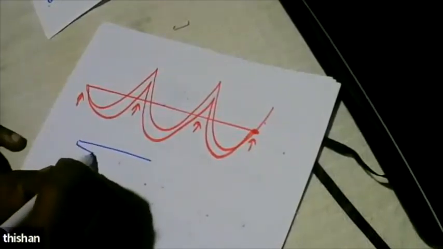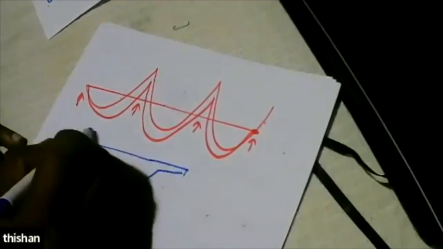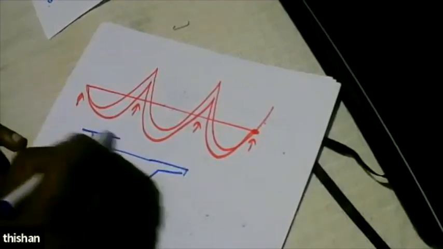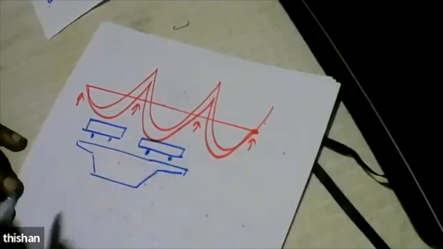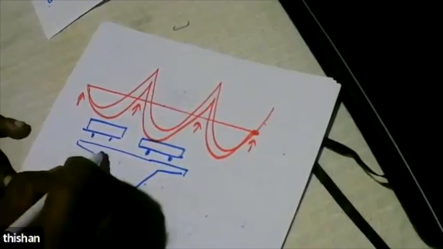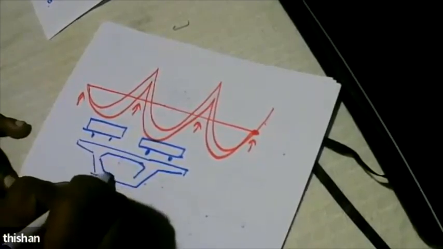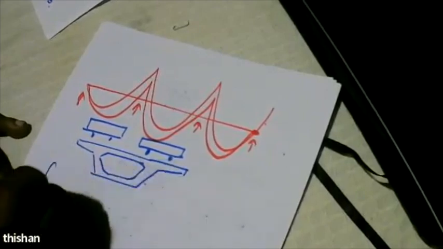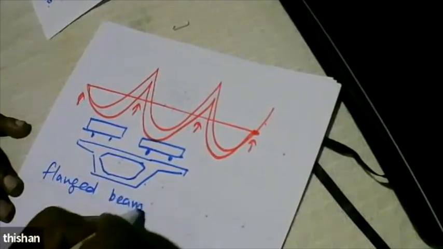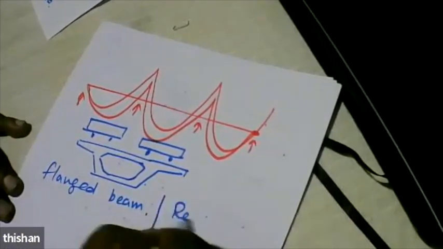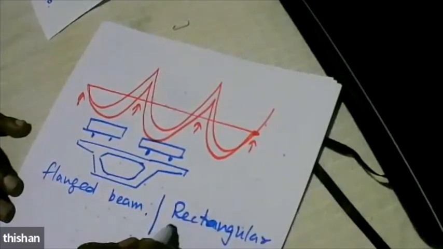Our section is like this for highways. Why? Because we are going to have the vehicles. Because we are going to have the vehicles here, we need a wide flange. Anything having a wide flange is a flanged beam. Which one is better, a rectangular beam or a flanged beam? We all know the flanged beam is better.